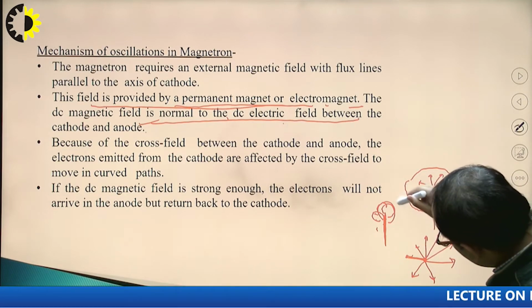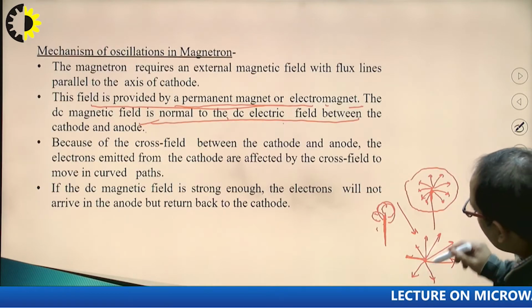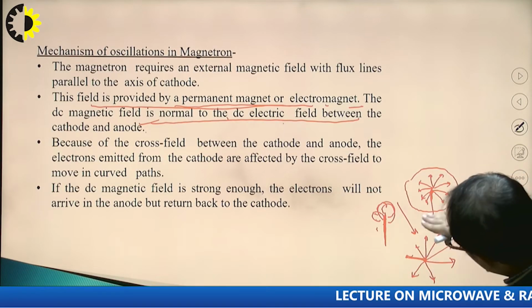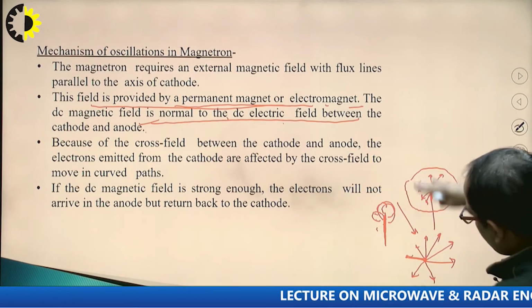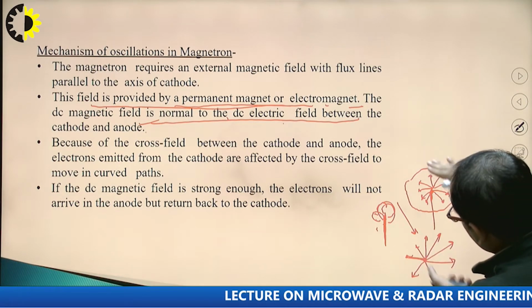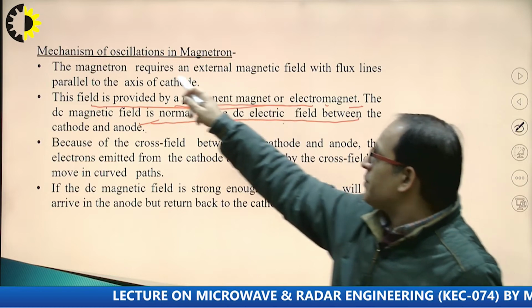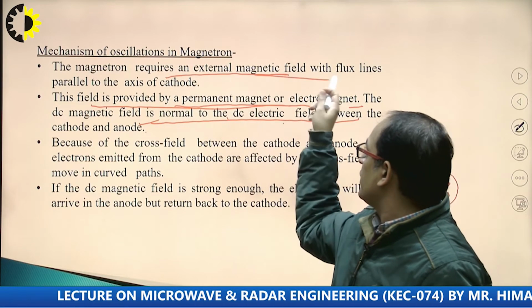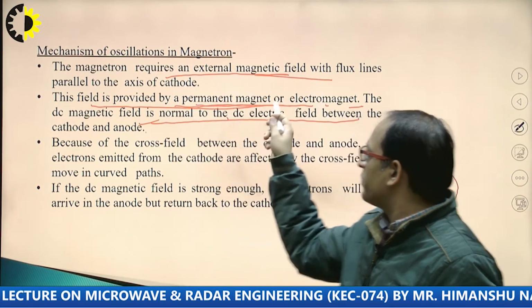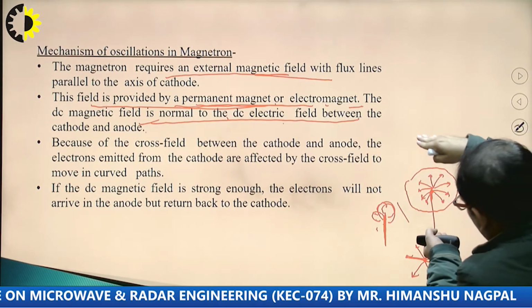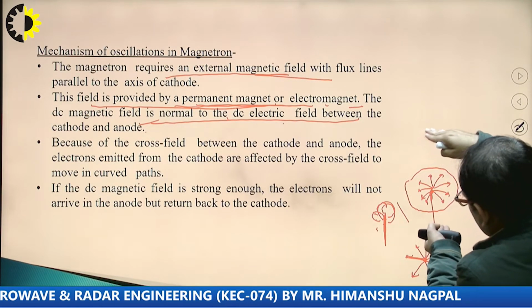Now see this one, if I apply a magnetic field from the magnetron, above the magnet and below the magnet, this field that the magnetron requires is an external magnetic field, and this magnetic field is provided by permanent magnets, means above is a permanent magnet and below is a permanent magnet.